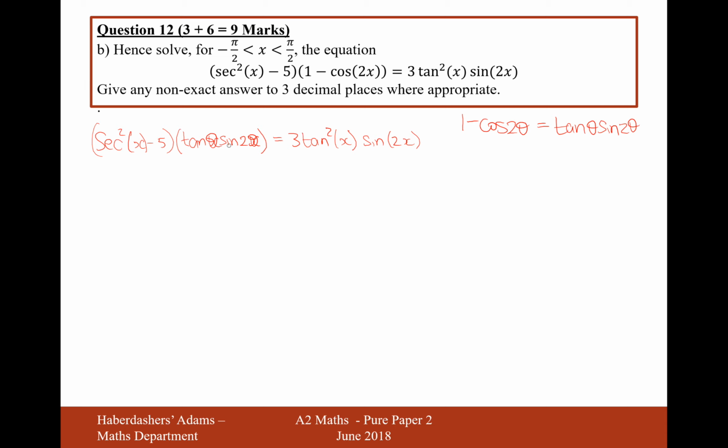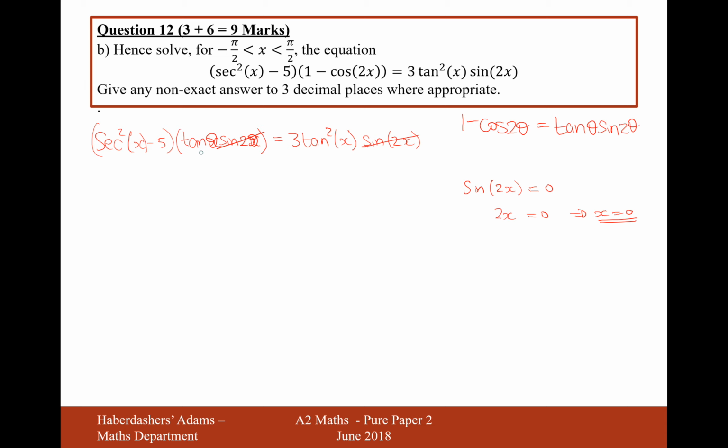Well, no, because sine 2x could equal 0 in between minus pi by 2 and pi by 2. Sine of 2x could equal 0 when 2x is equal to 0, or in other words, x is equal to 0. So as long as I account for the solution of x equals 0, then I should be okay, and I can now cancel out sine 2x from both sides.